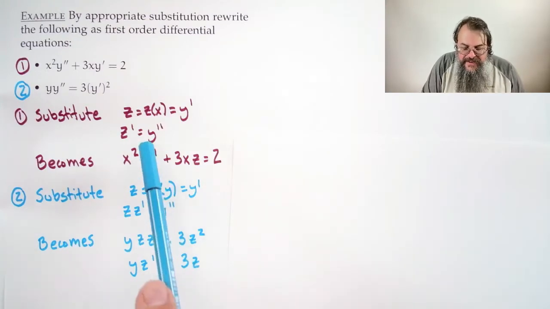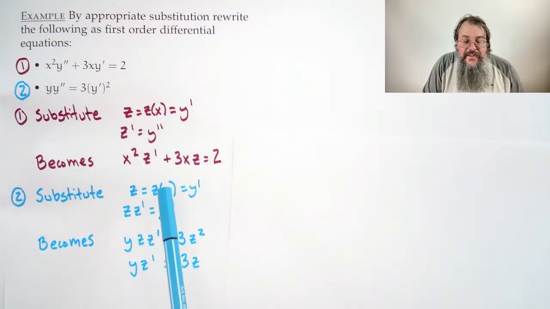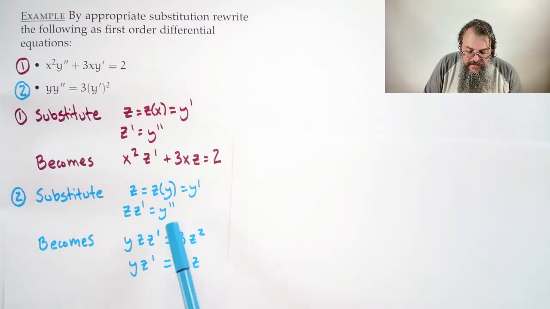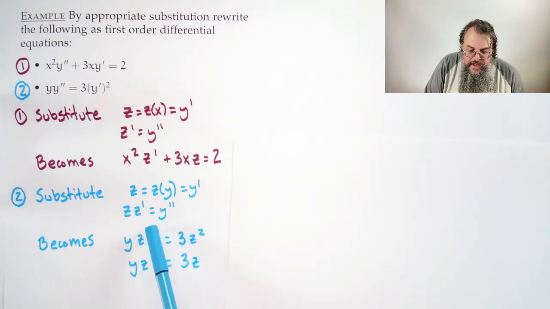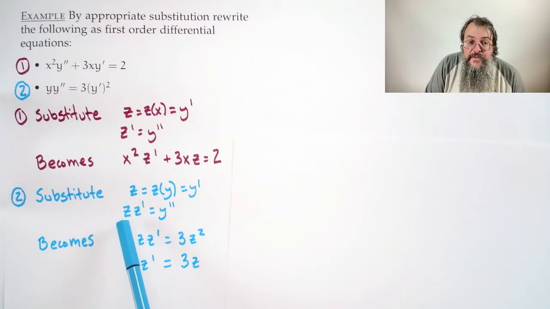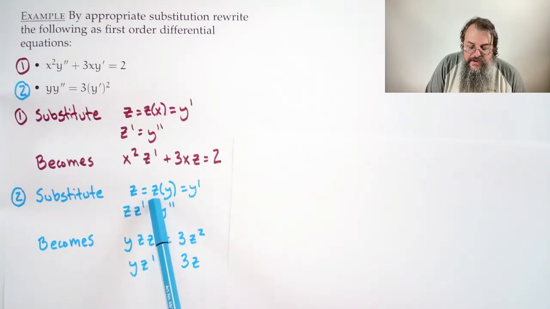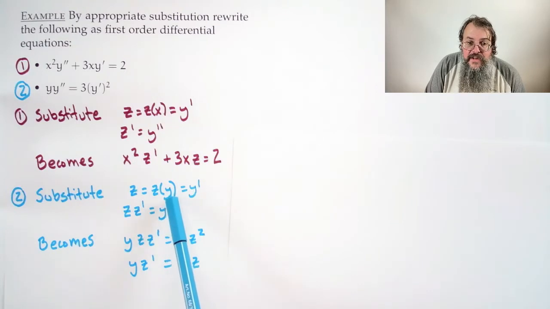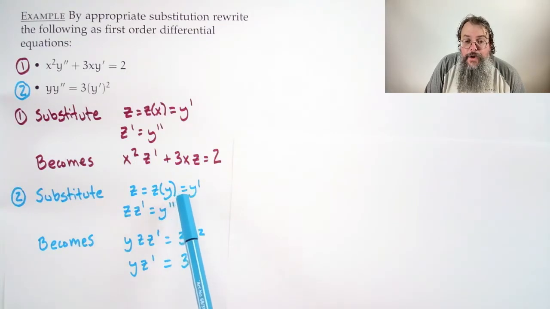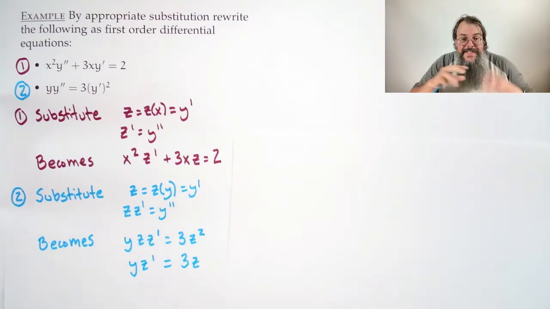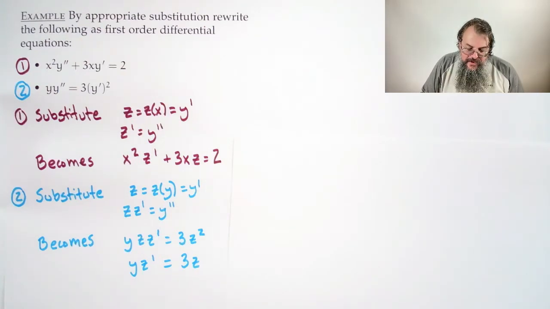It's not z as a function of x, it's z as a function of y. So the twist is when you take derivatives, y double prime is z prime times z. Now where this z is coming from is the chain rule, because we get rid of the outside, which is z prime, leave the inside alone, times the derivative of the inside, which is y prime, which is z. So that's why there's a twist.